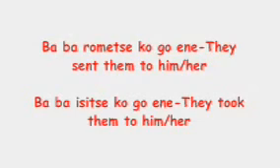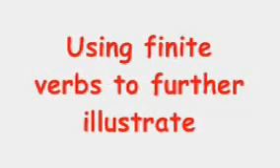That is the second sentence. This is done when the doer of the action is doing it for the third person. We can use finite verbs to illustrate that fact. Baba thusitse, baba buditse. Baba thusitse means they helped them. Baba buditse, they asked them.